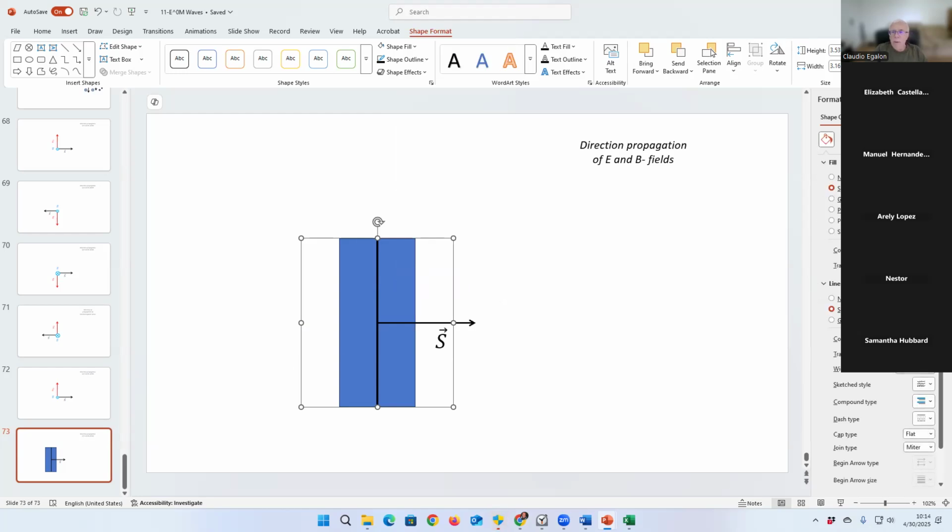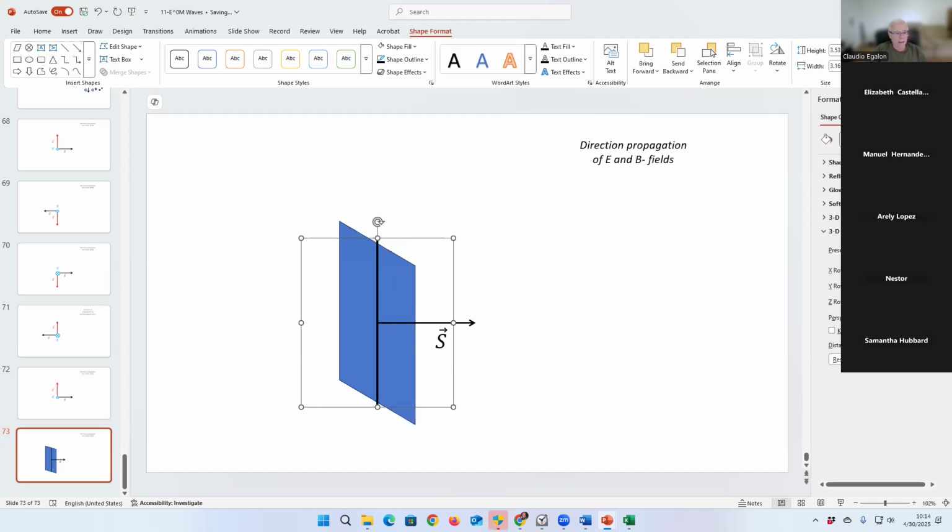Format shape. No. 3D rotation. Okay. Now let's see if I can go. Yeah, here you go. Now I'm finally getting there, right? Give the illusion that we have a three-dimensional drawing here.